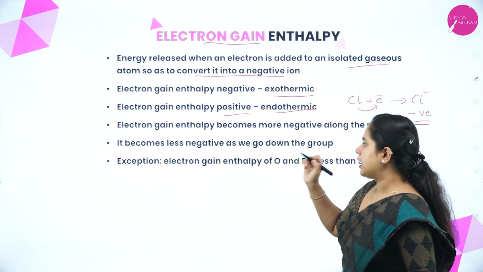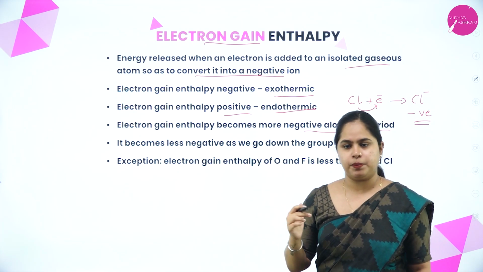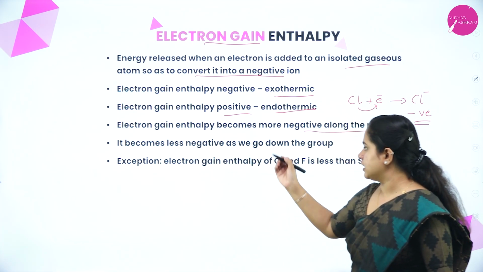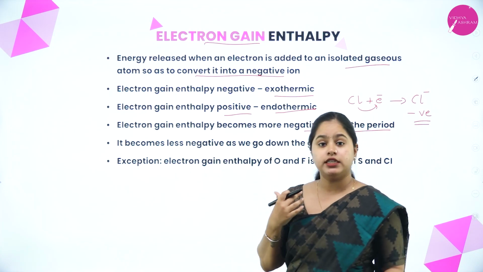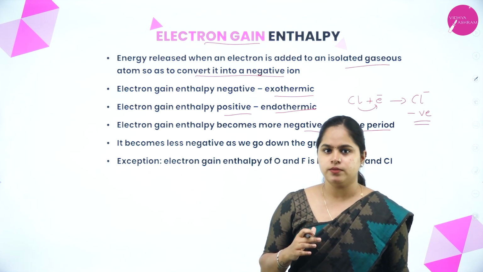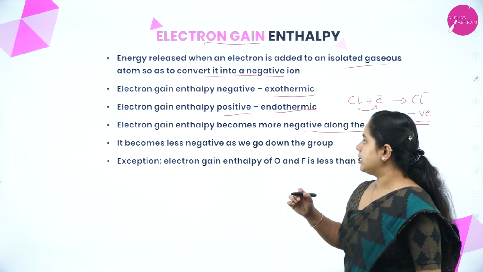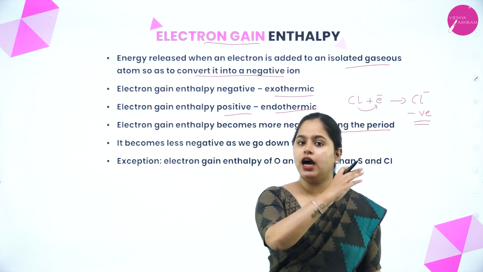Now, electron gain enthalpy becomes more negative along the period, and it becomes less negative as we go down the group. Now let us look at the trend of electron gain enthalpy along the period and down the group. Electron gain enthalpy becomes more negative along the period. So what do we know about the trend along the period?